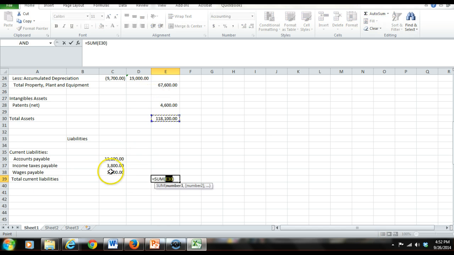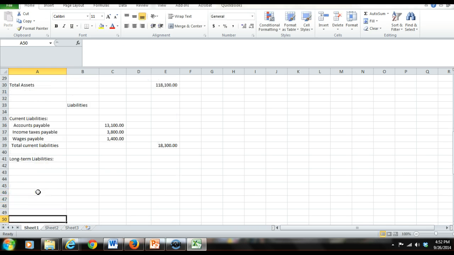and move on to the long-term liability section. Remember, long-term liabilities are resources we owe that the payment extends beyond the current year.